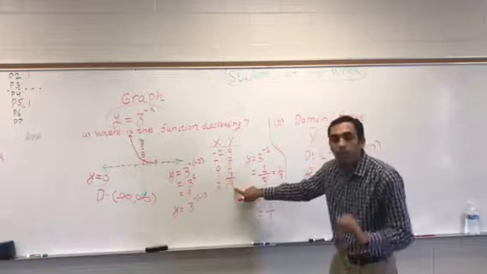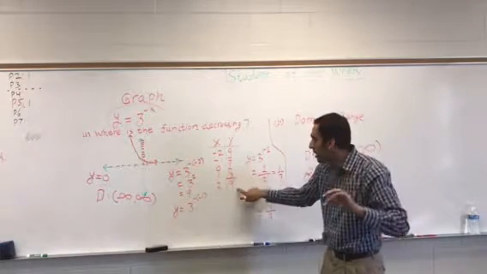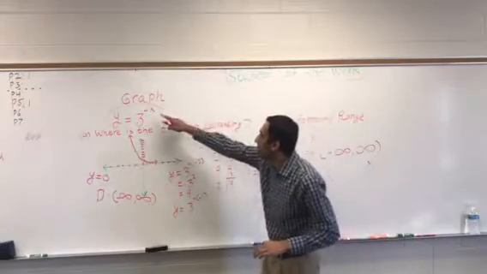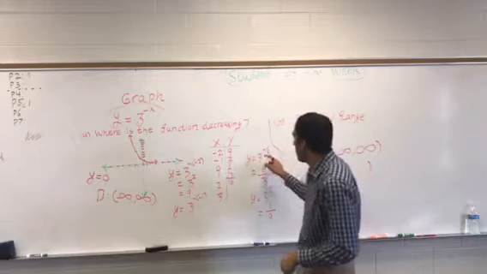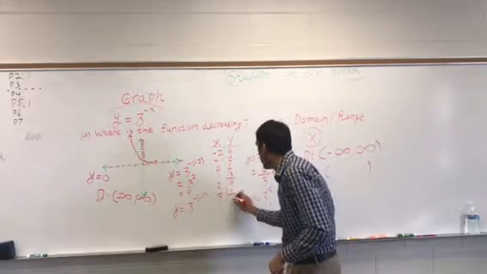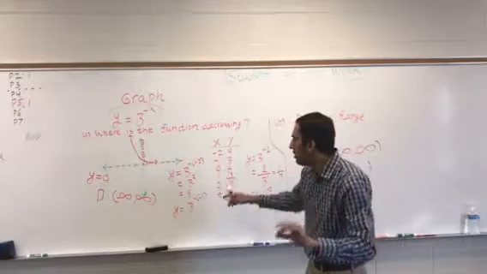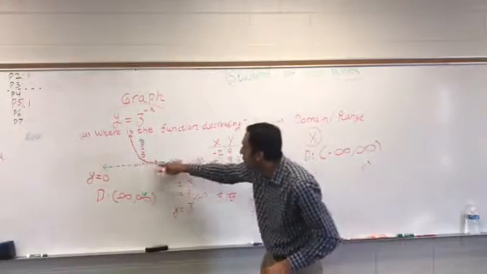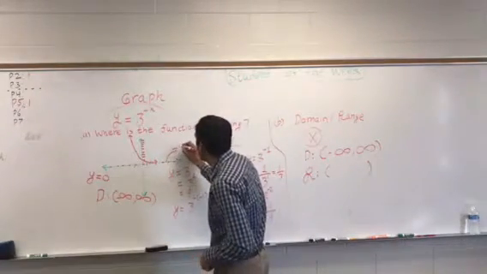But notice here, you get really close to 0. 1 over 9 is really close to 0. If you were to plug in a 3 here, what would you get? 3 to the power of negative 3, that is 1 over 27. See, you're getting closer and closer to 0, as shown by your asymptote. I'll label that asymptote.